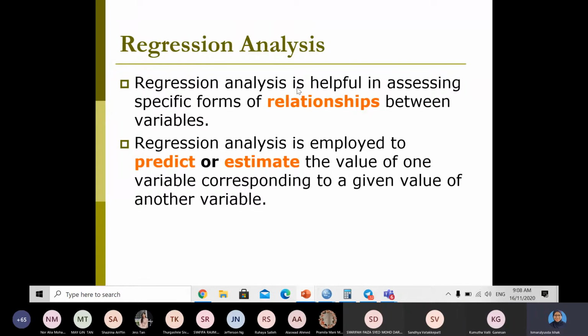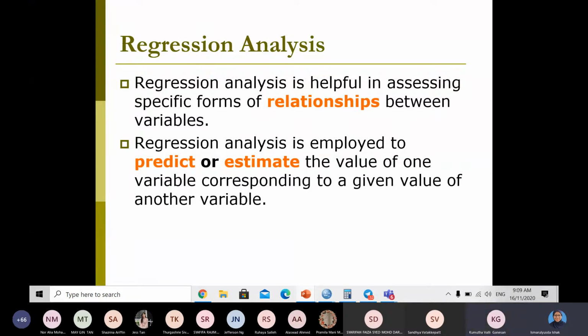Regression analysis is helpful in assessing specific forms of relationships between variables, and not only the relationship between two variables, but you employ regression analysis to predict or estimate the value of one variable corresponding to a given value of another variable.